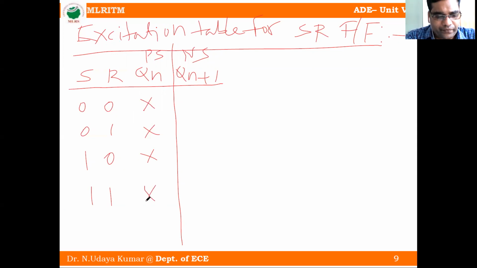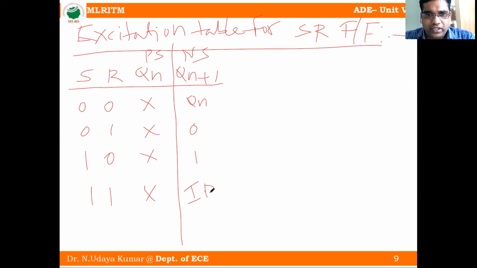So next state is Qn. This one is 0. This one is 1, and this one is we don't care. We don't know the state. So we call it as indeterminate state. So this is the truth table.